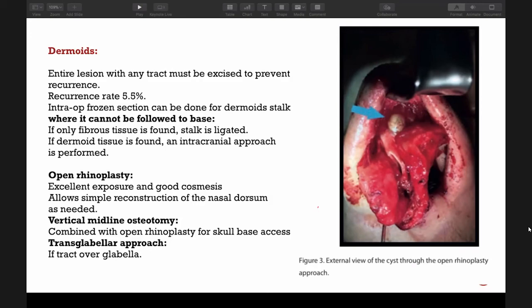However, if you find dermoid tissue, further dissection is needed. External rhinoplasty gives excellent exposure and allows simple reconstruction of the nasal dorsum. We can also do vertical midline osteotomies combined with open rhinoplasty for skull base access, and a transglabellar approach with the tract over the glabella.